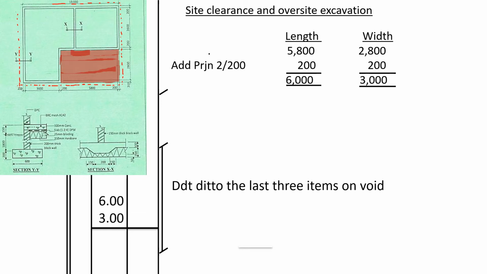So what is the dimensions of this rectangle here that we have shaded? To measure that rectangle, you can see the red part from here up to here. It's the length of the rectangle for site clearance.